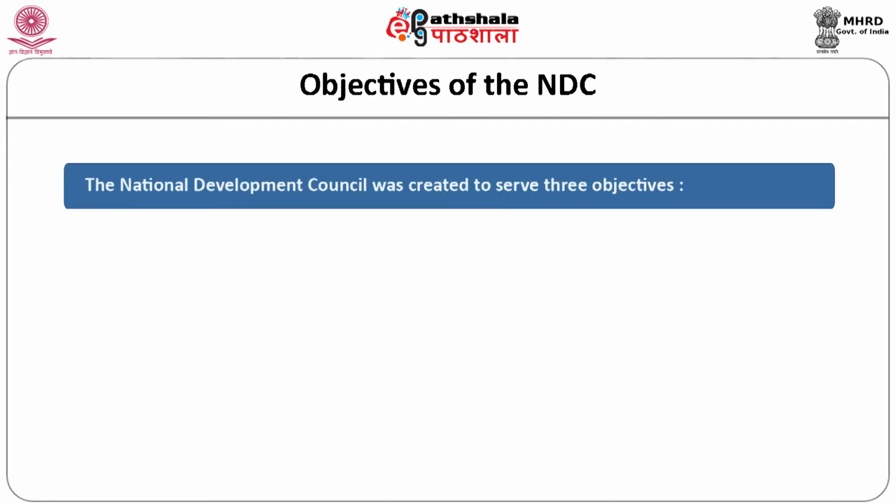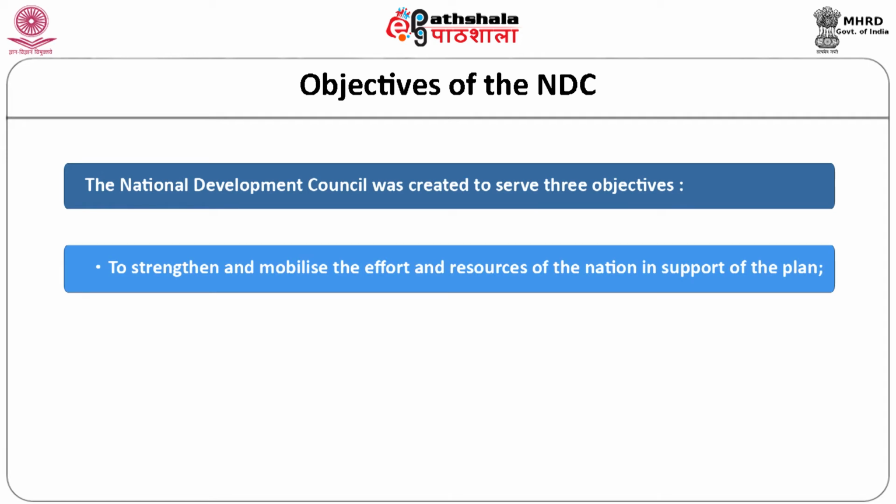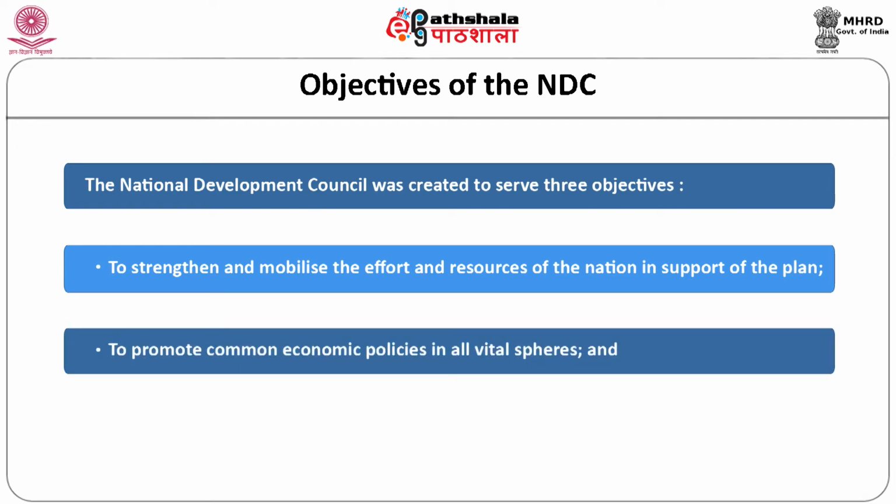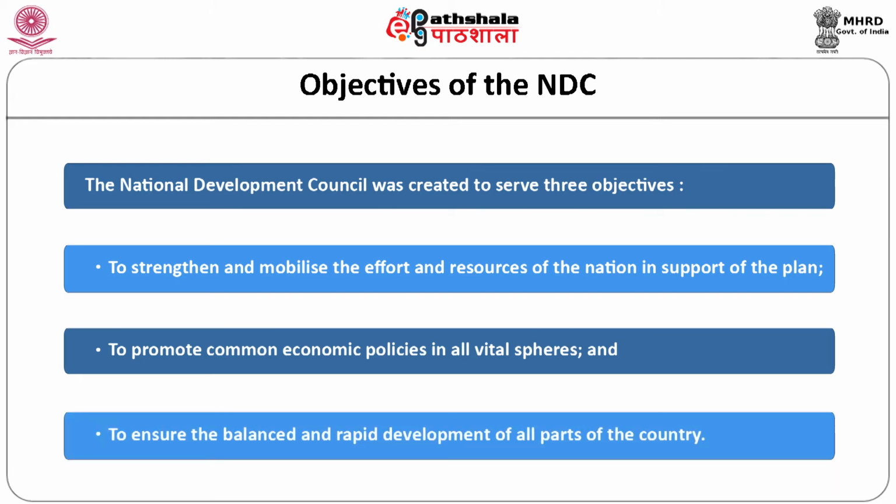Number one, to strengthen and mobilize the effort and resources of the nation in support of the plan. Number two, to promote common economic policies in vital spheres. Number three, to ensure the balanced and rapid development of all the parts of the country. These were the three objectives.